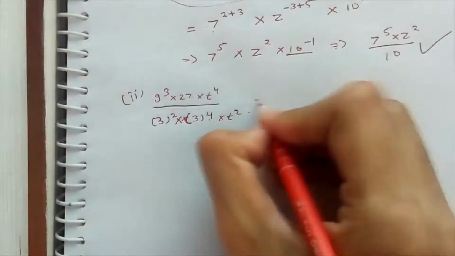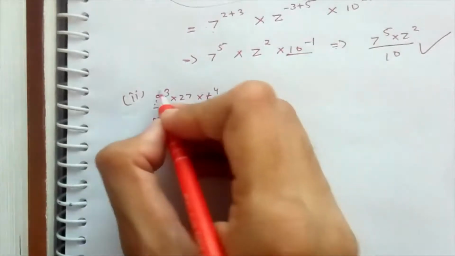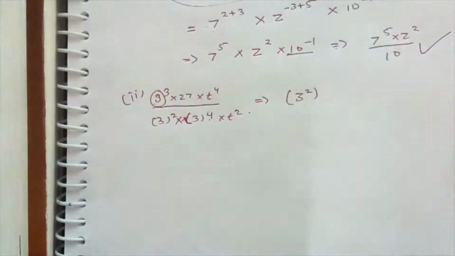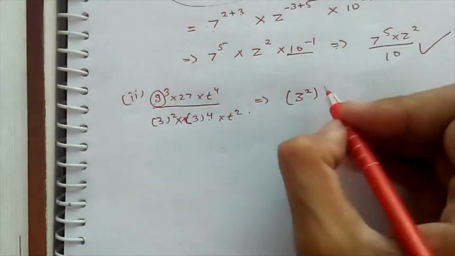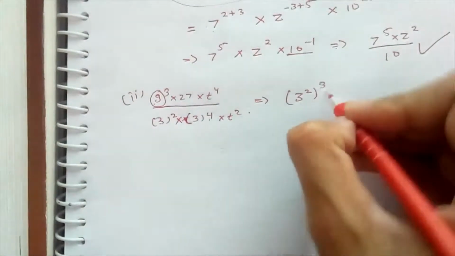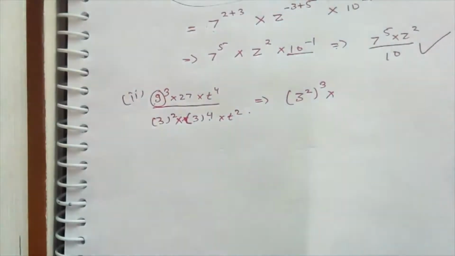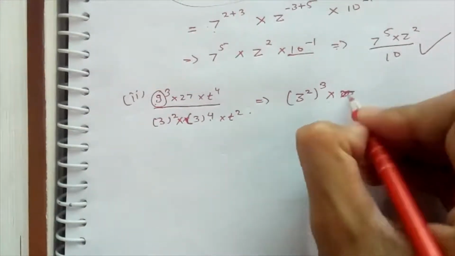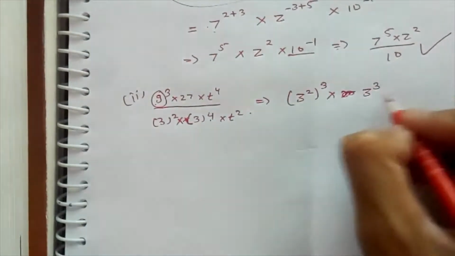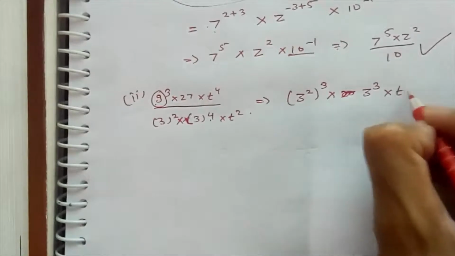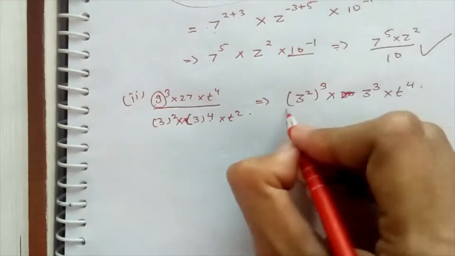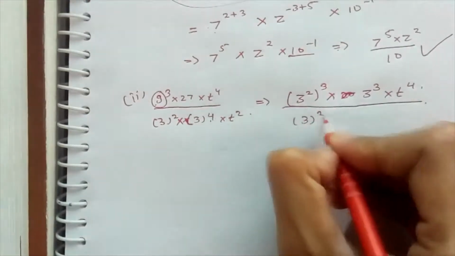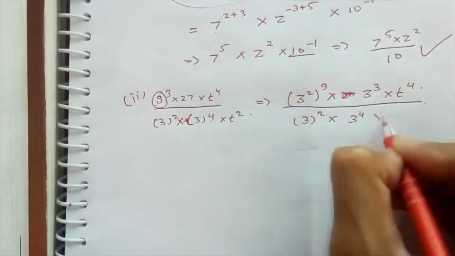So let's quickly solve this. 9 will be written as 3 to the power 2 into 27. 27 we could write as 3 to the power 3 into t to the power 4 upon 3 to the power 2 into 3 to the power 4 into t to the power 2.